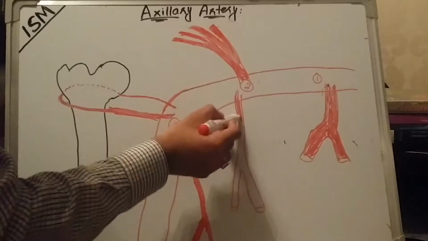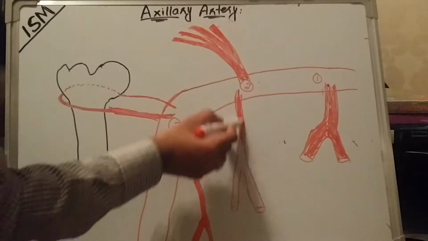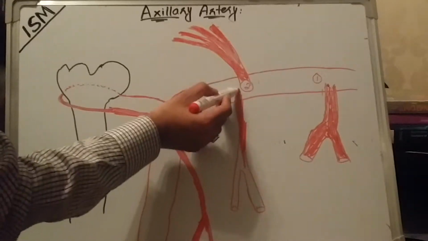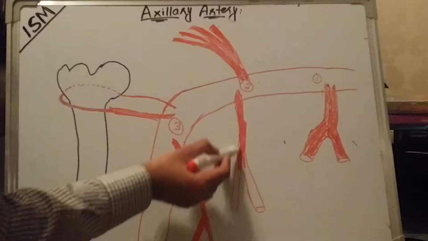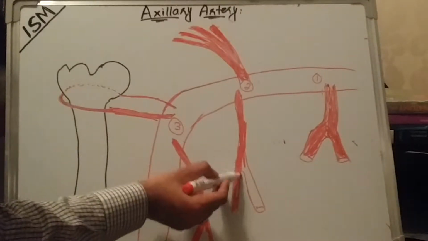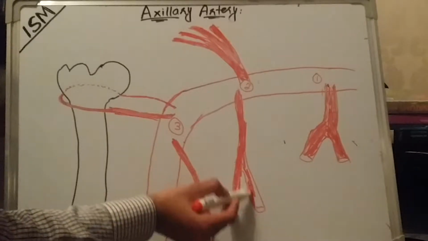This is the second branch of the second region of the axillary artery. So this artery provides blood supply to the thoracic region of the body.